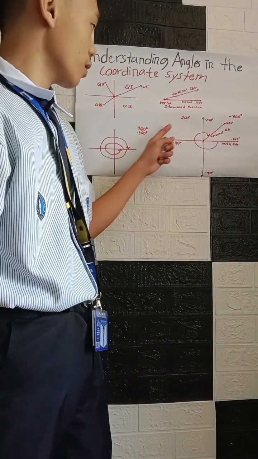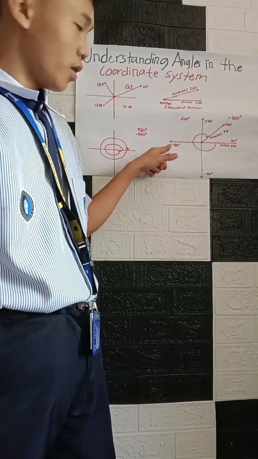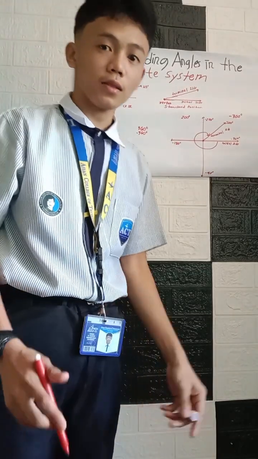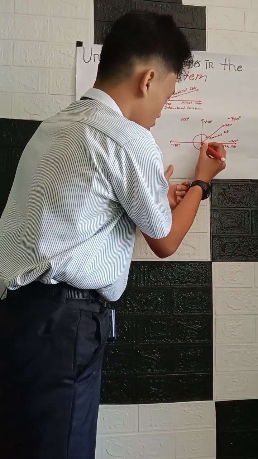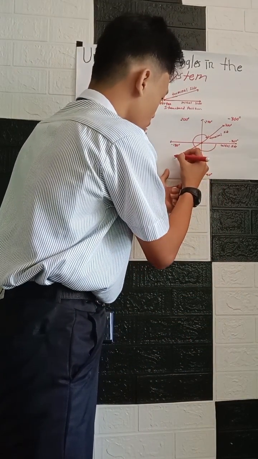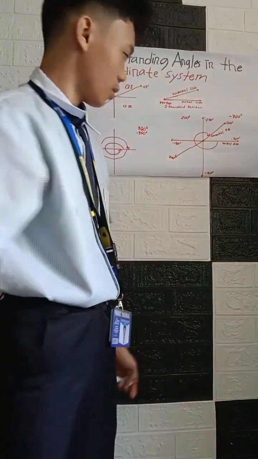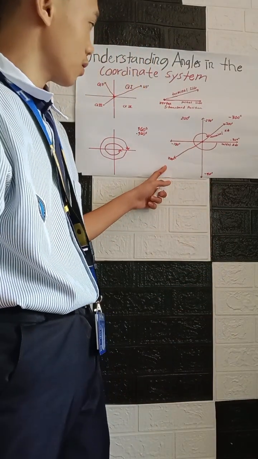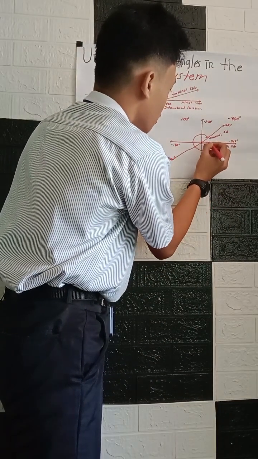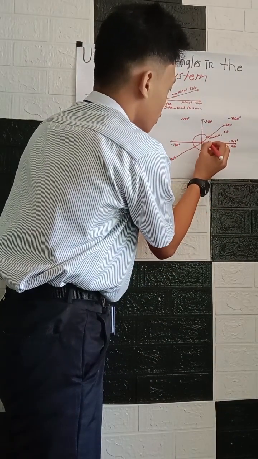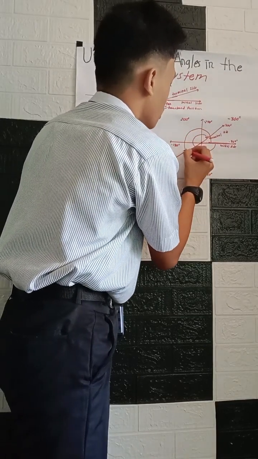So 200 degrees: before Quadrant 3 is 180 degrees, 180 degrees plus 20, therefore 200 degrees. So our angle is located at 200 degrees, measured in a counterclockwise rotation.